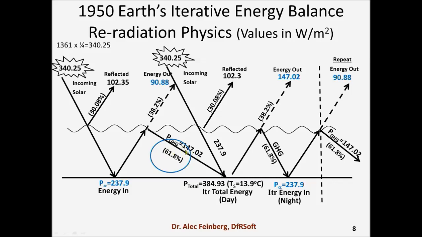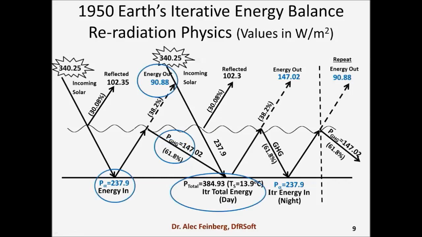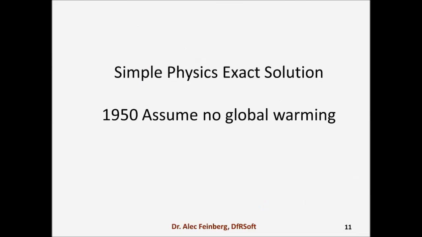We're going to be looking at the mathematical solution, which will give us more information on that. Now let's look at some of these numbers in more detail. We'll get to some of the simple physics and look at an exact solution for that 61.8.